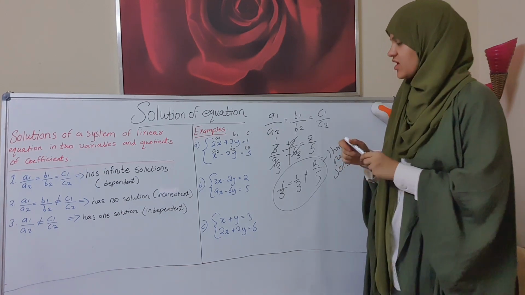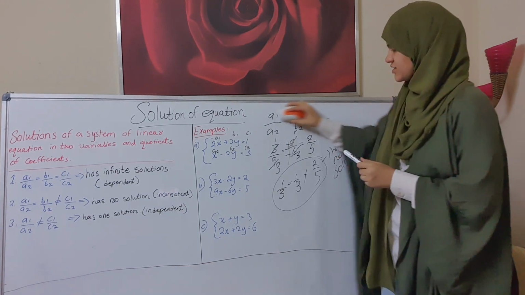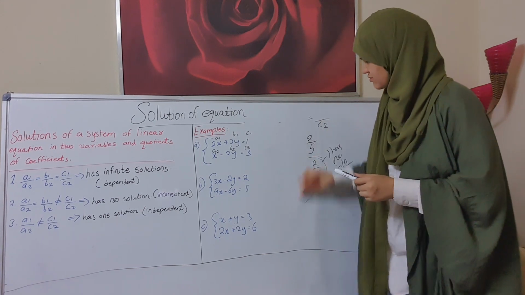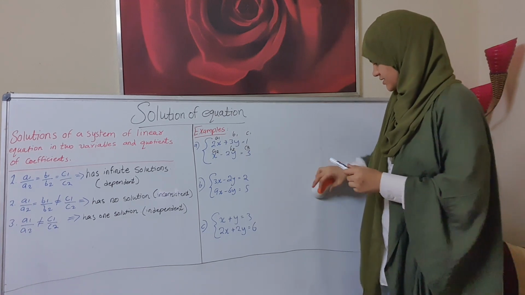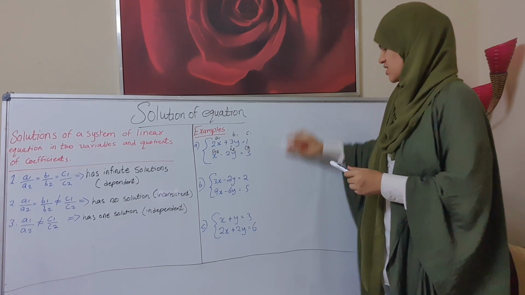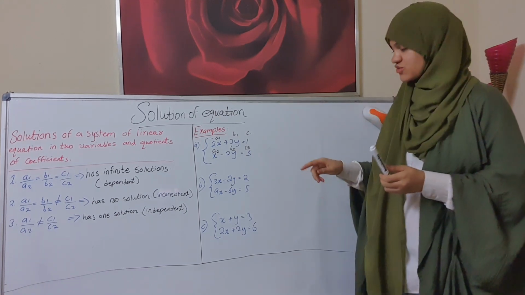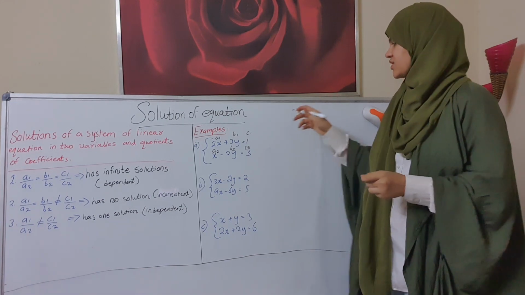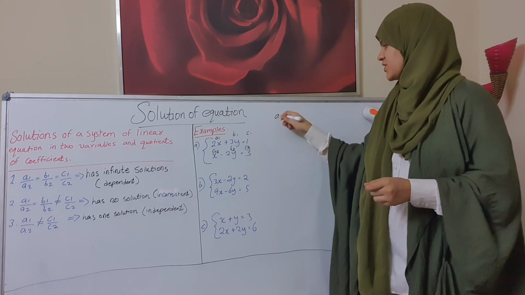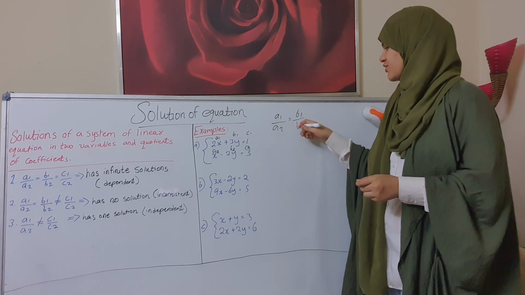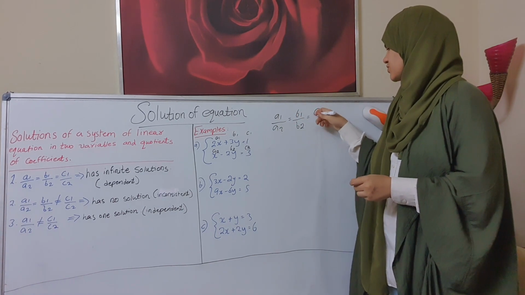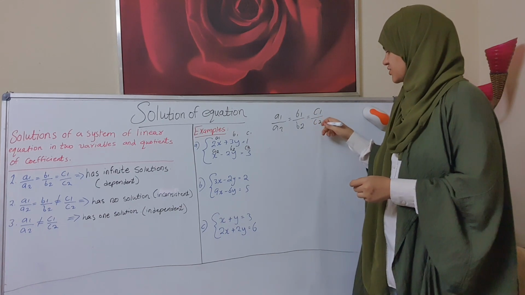Okay, now question C. Question C says x plus y is equal to 3 and 2x plus 2y is equal to 6. So A1 over A2 is equal to B1 over B2 is equal to C1 over C2.